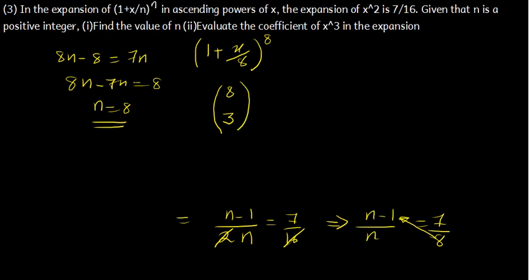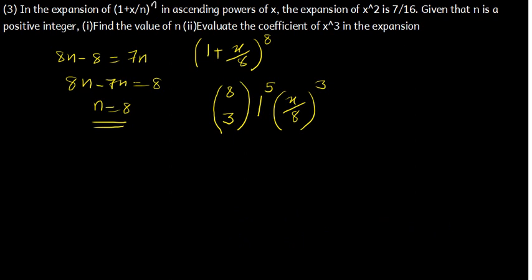The first term is 1, we subtract 8 minus 3, that is a 5. The second term is x over 8, the same number which we have here becomes there. And so what we have is 8 combination 3. Of course this is 1 to the power 5, which is 1.